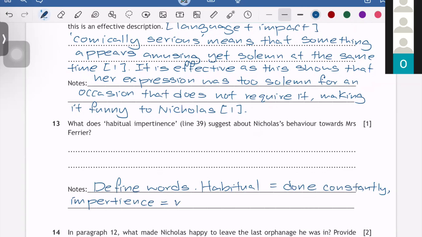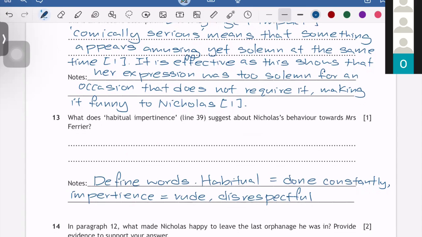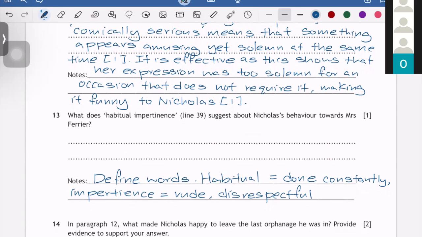Impertinence means rude, disrespectful. So how is Nicholas behaving? He was constantly rude to Mrs. Ferrer.